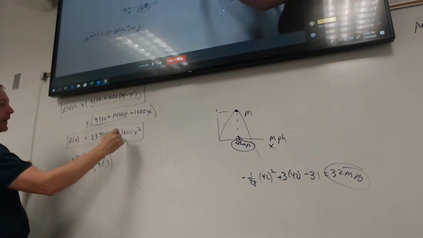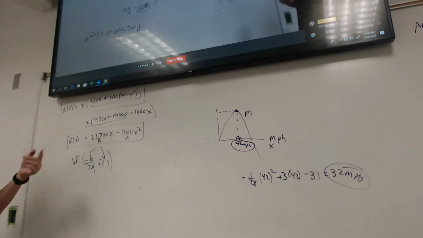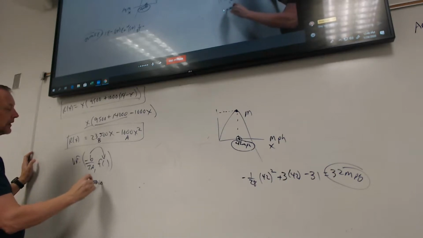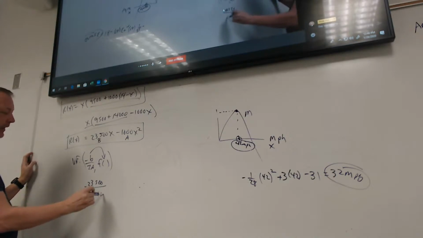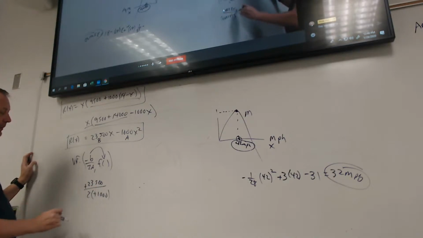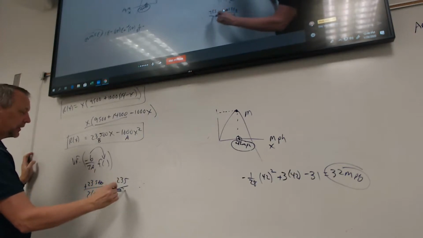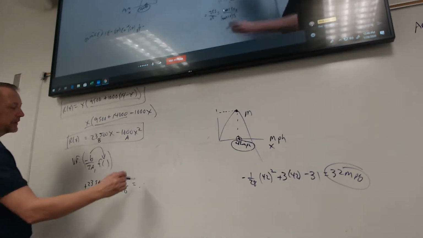Positive, so this is a, right? And that's b? Yeah, it's written backwards, isn't it? Negative 23,500 over 2 times negative 1,000. Those go positive. 2 of those take out 2 of those. So I'm going to get 235 divided by 20, which works out to be what? $11.75, I believe.